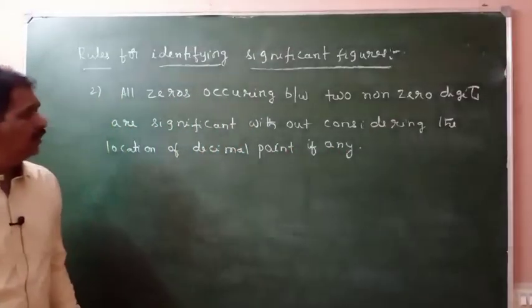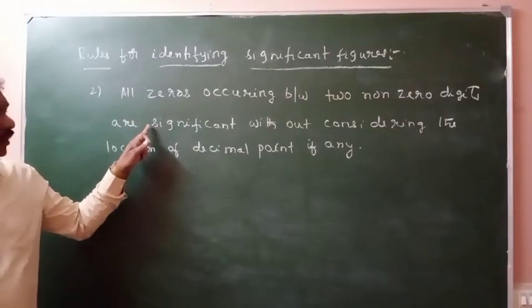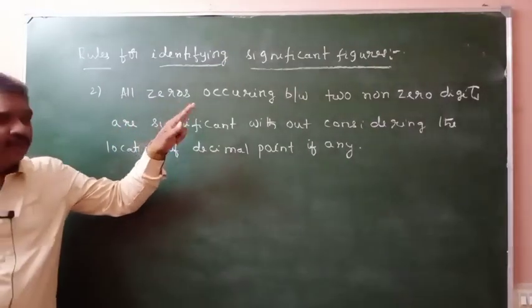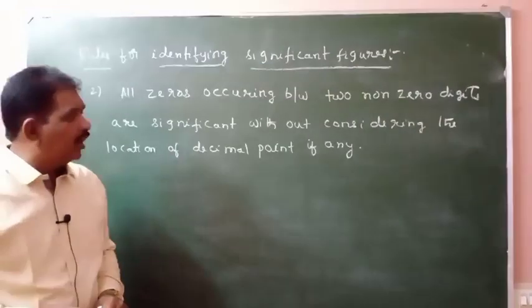What is the meaning of this? All zeros occurring between two non-zero digits.